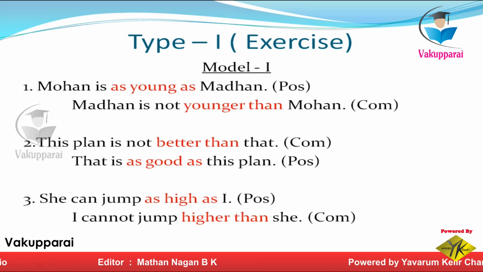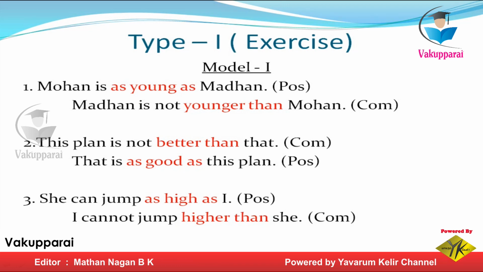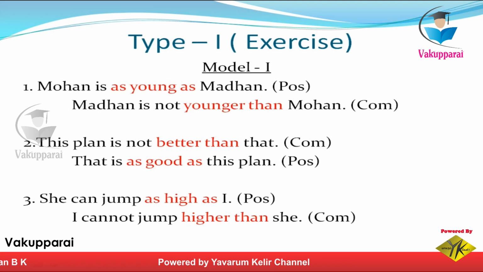Then, this plan is not better than that. This is in comparative degree, so we can change the sentence into positive degree, like that is as good as this plan. Then, she can jump as high as I. Cannot jump higher than she. Here the adverb is compared.